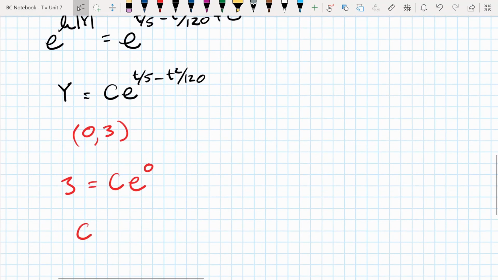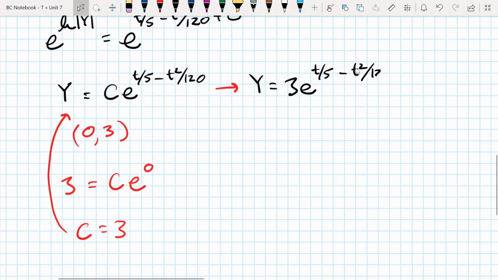So c is equal to 3 here. We're going to take that and plug it in over here. So the particular solution to this differential equation is 3e to the t over 5 minus t squared over 120. Okay, so that's the answer.